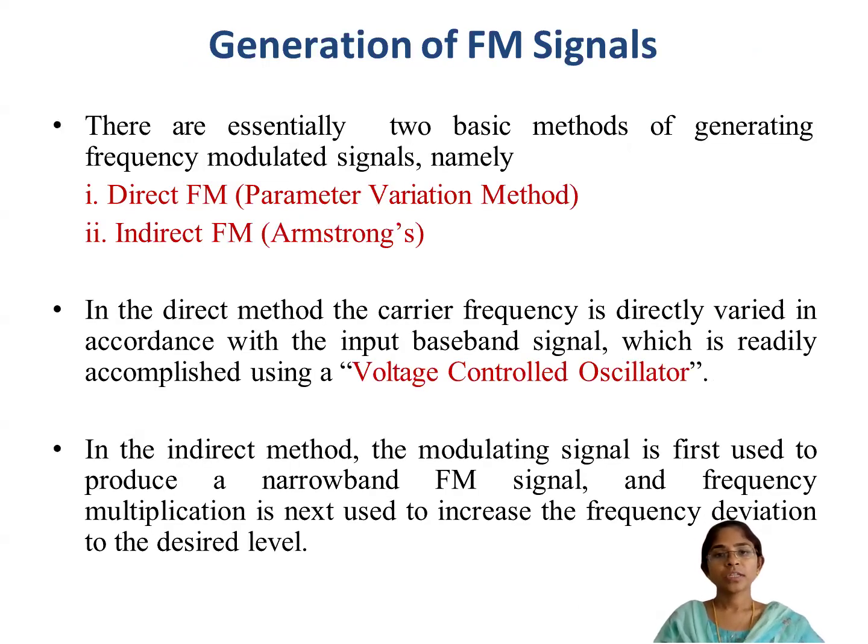Coming to the generation of FM, we need to generate an FM signal and we need to detect or demodulate the FM signal. For generation, we have mainly two methods, direct FM and indirect FM. We can generate FM directly using a voltage controlled oscillator. Indirect FM is also known as the Armstrong method.